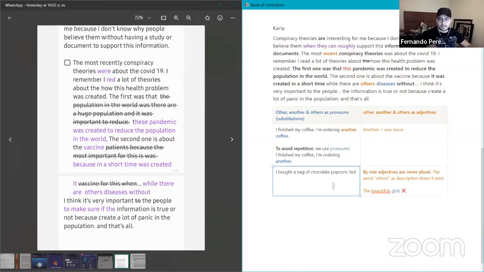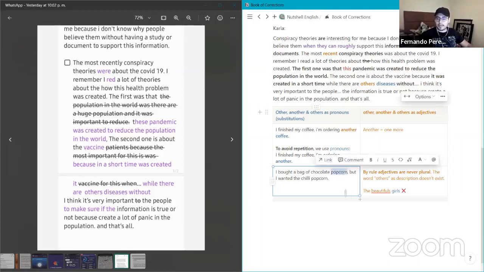But I wanted the popcorn with chili. I wanted the chili popcorn. I know, but popcorn is uncountable. So: I bought a bag of chocolate bars. That's countable. But I wanted the protein bars.